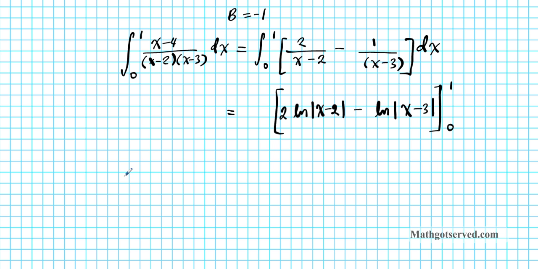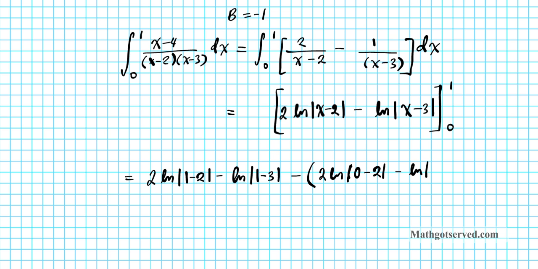So let's put in the upper limit of integration first. We have 2 times the natural logarithm of the absolute value of 1 minus 2, minus the natural logarithm of the absolute value of 1 minus 3, minus 2 times the natural logarithm of the absolute value of 0 minus 2, minus the natural logarithm of the absolute value of 0 minus 3.